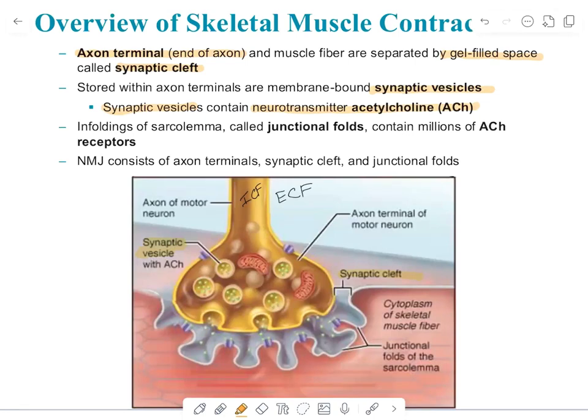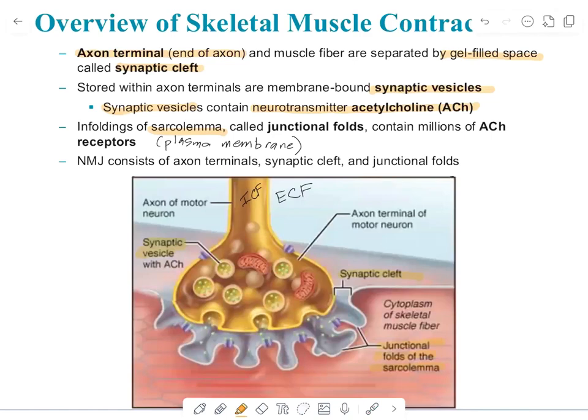Remember, the sarcolemma is a plasma membrane, so it has the ability to transmit a nerve impulse into the muscle. Where the sarcolemma is folded inward, like you see here, those are called junctional folds of the sarcolemma.